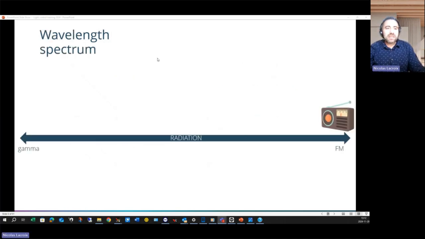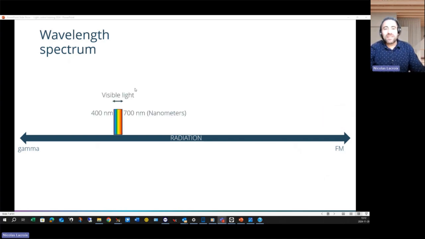Here is just an overview of the wavelength spectrum. It starts with gamma and finishes with the FM radio station. Today we'll focus more on the visible light, which is between 400 nanometers and 700 nanometers. That's also the wavelength spectrum that the crops use the most.